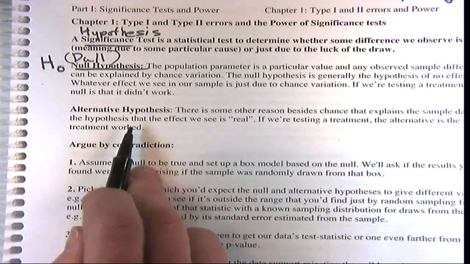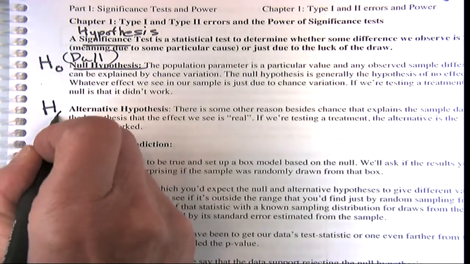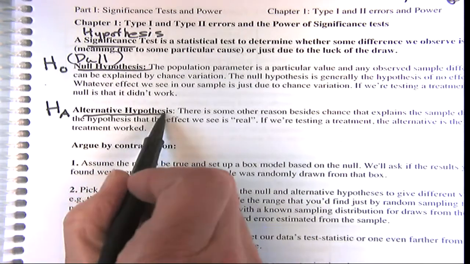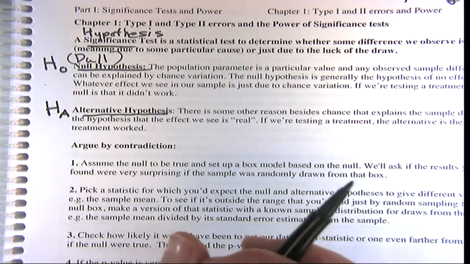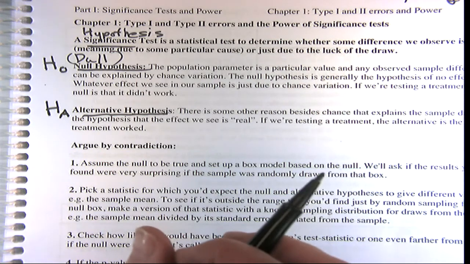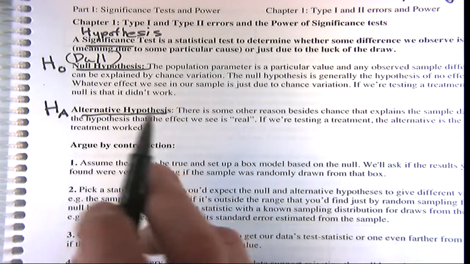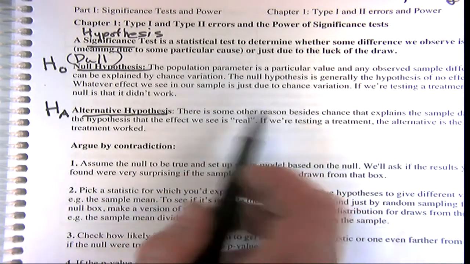Now, the alternative hypothesis, abbreviated by H for hypothesis and A for alternative, is the hypothesis that there's something else. There's a systematic difference between those two groups, that they're not the same, that there's some particular reason for it, okay?